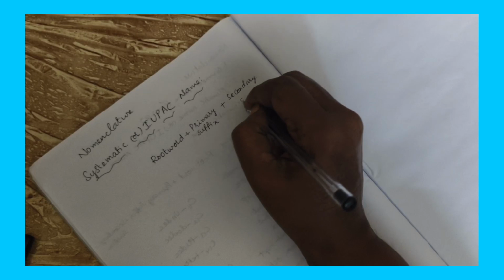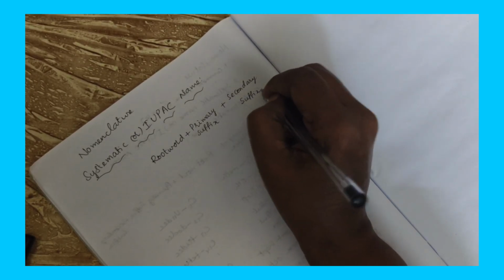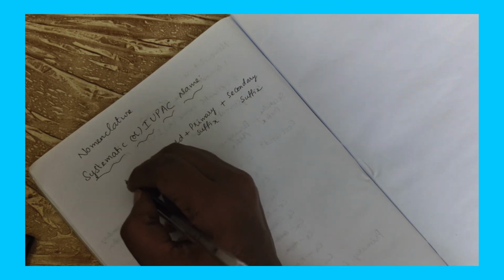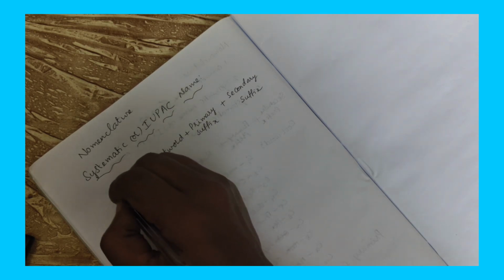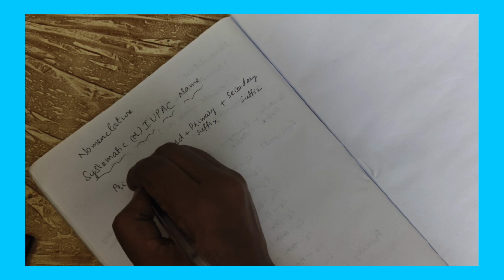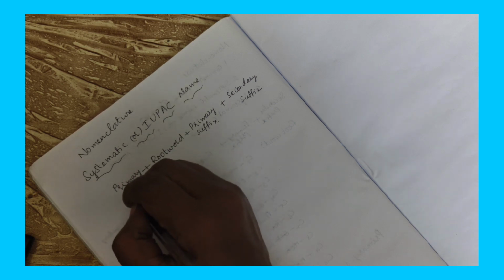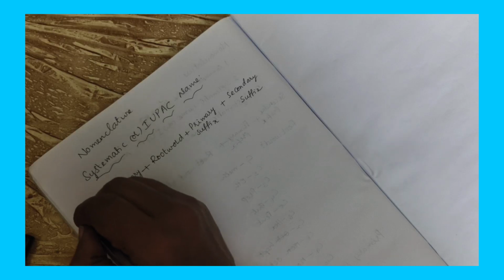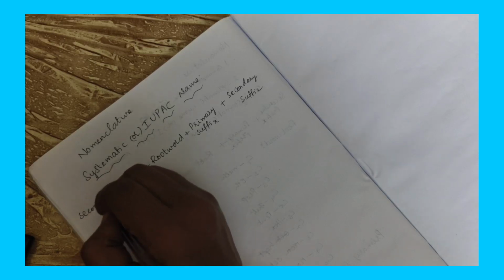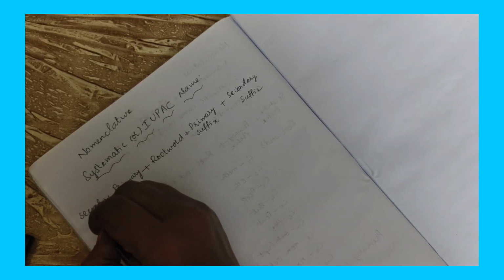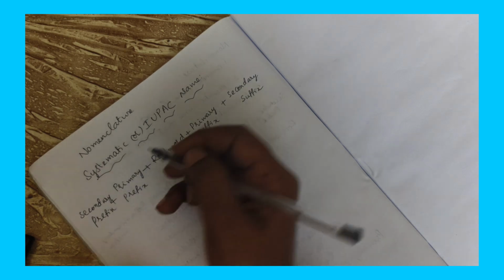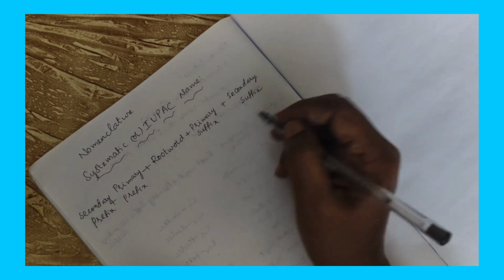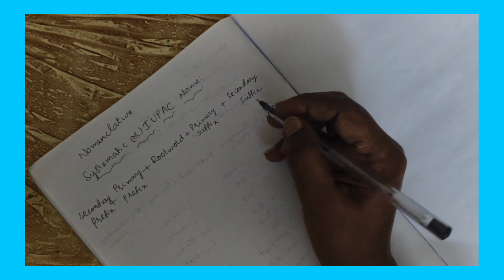Preceding the root word, before root word, what comes here? Primary prefix, and before that secondary prefix, and a numerical prefix also is there. These are different parts of names we can say here.